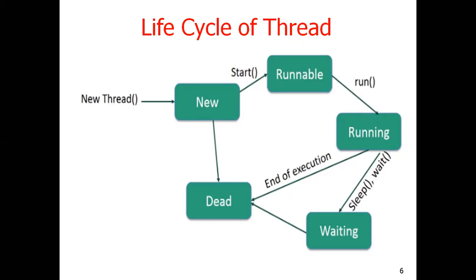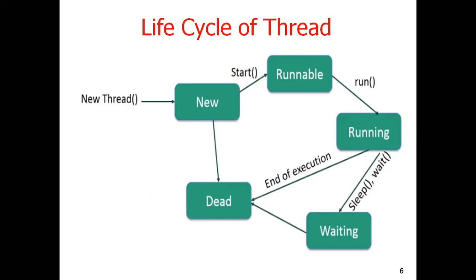Once it is in the running state, it may successfully execute all the statements within this thread, and it may lead to the end of the execution. That state we will call the terminated state or the dead state. So once the thread completes its execution, we will call it a dead state or the terminated state.